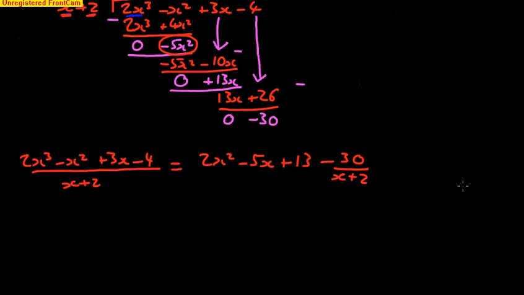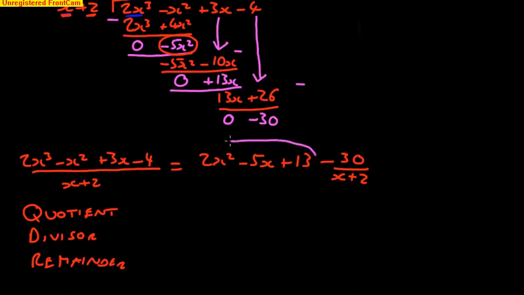Let me just write down what I've got here. I've got a quotient, a divisor, and a remainder. The quotient is all this part.